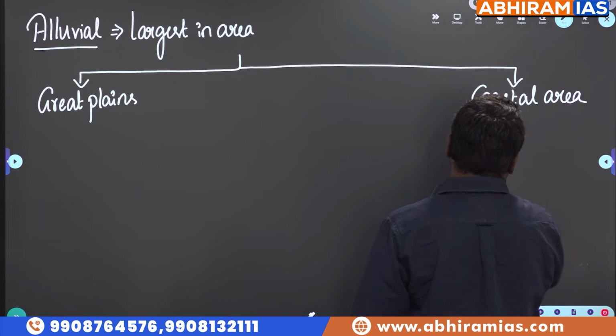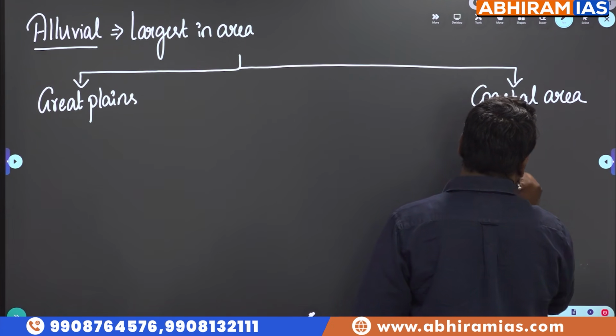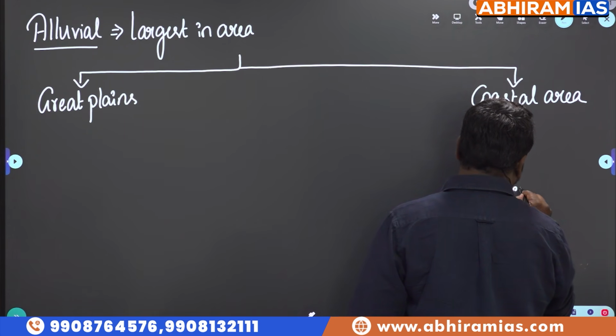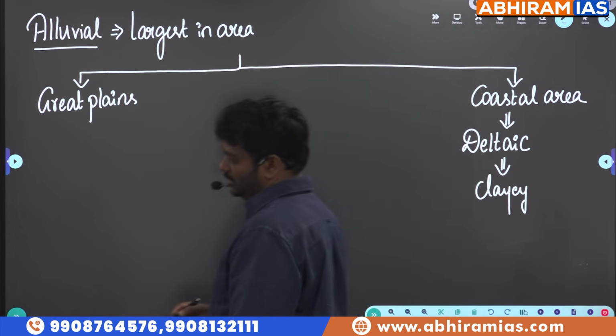In coastal area, it is deltaic, which is mostly clay.